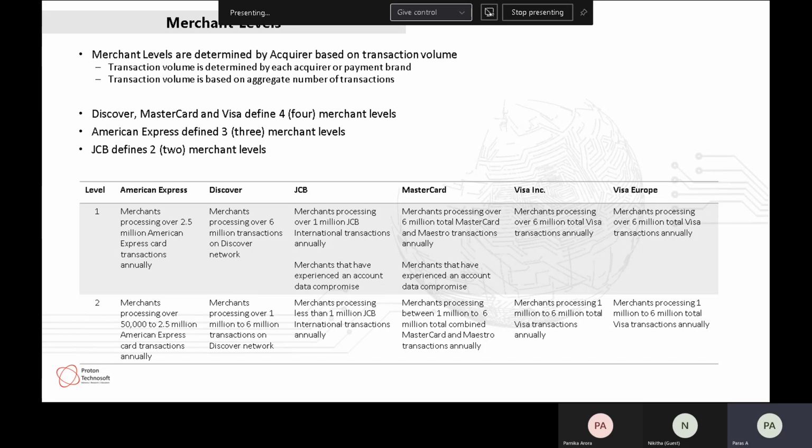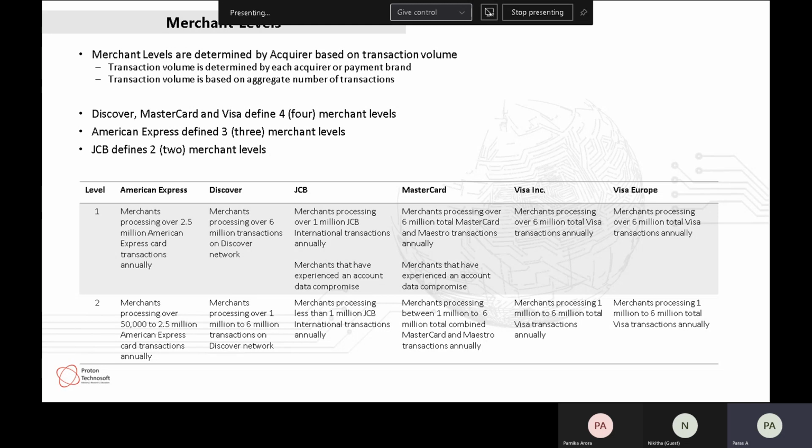Okay, so American Express 2.5 million, Discover 6 million, JCB 1 million, MasterCard 6 million, Visa Inc., which is a USA entity, 6 million, and Visa Europe is again 6 million transactions.